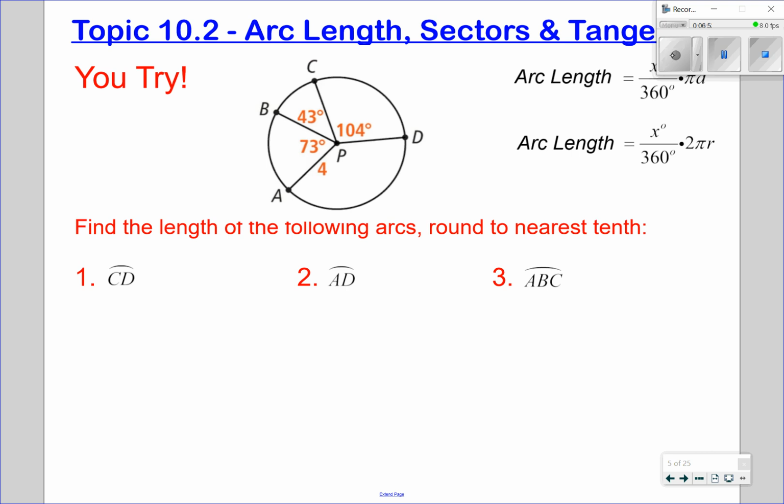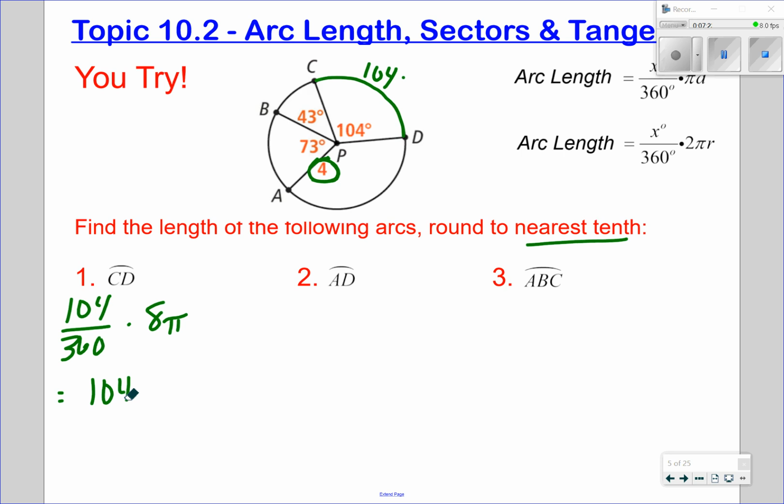Walking through this first one, arc CD is this guy. So if we're finding the measure of this arc, the measure of this arc would be 104. When finding the length of this arc, we're going to round to nearest tenth. I made it easy on you. So we would simply do 104 over 360 times, if you look here, our radius is 4, so our circumference would be 8 pi.